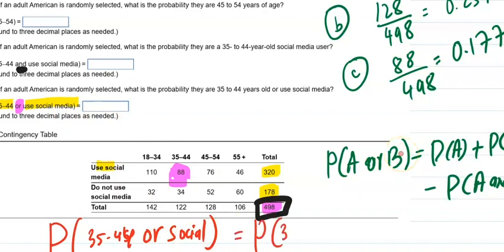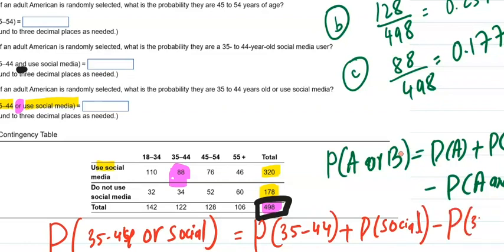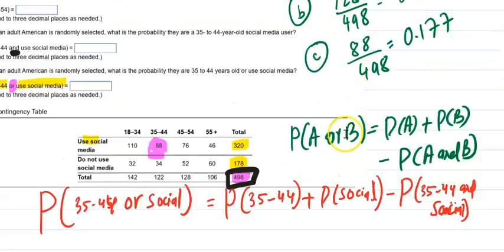Probability of 35 to 44 plus probability of social media user minus probability of 35 to 44 and social media user. So basically we use this formula to find this part D.